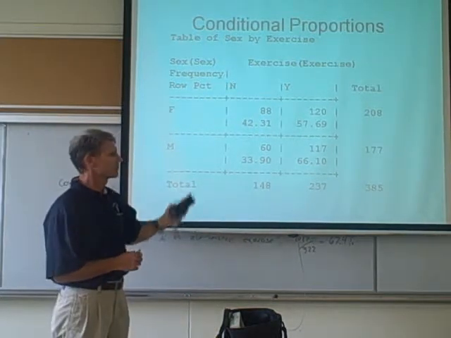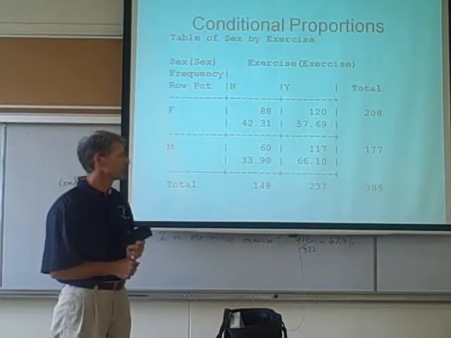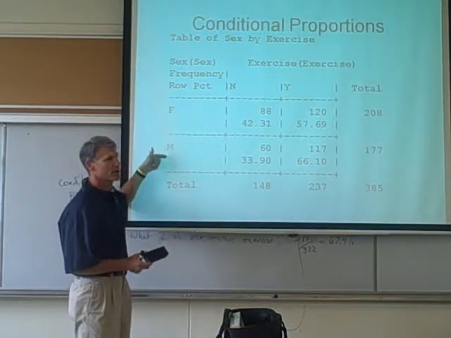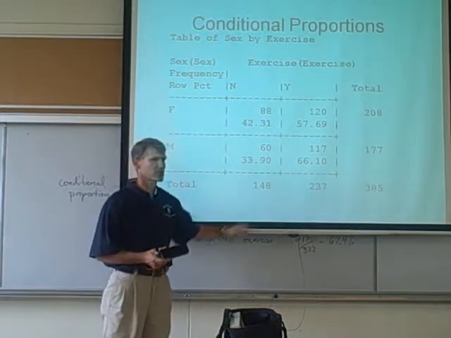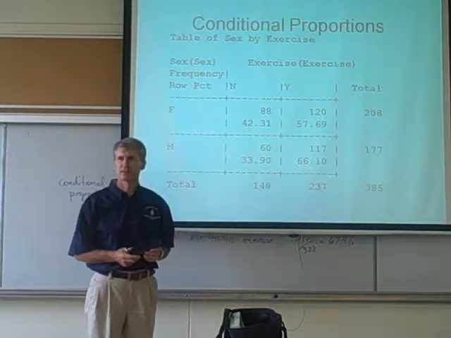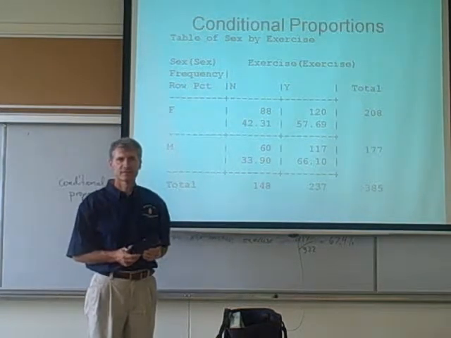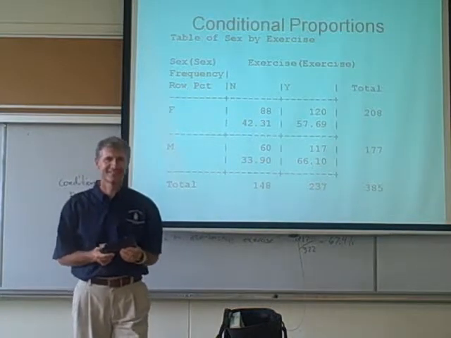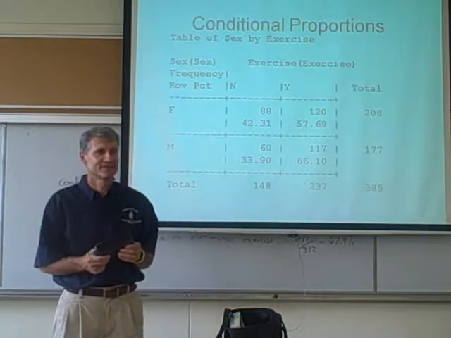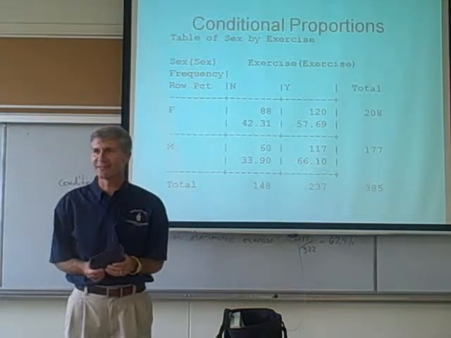Which way was it computed? Did we condition on gender or did we condition on exercise? Exercise. Are you guessing? How do you know? Compute one, see what you get.